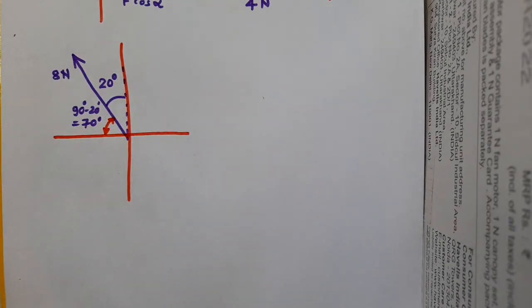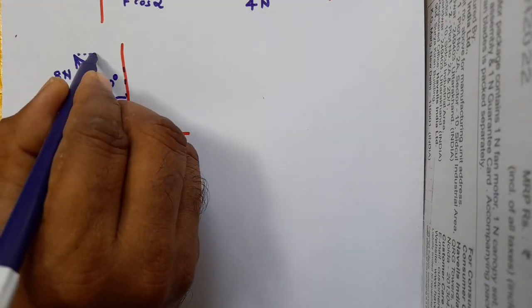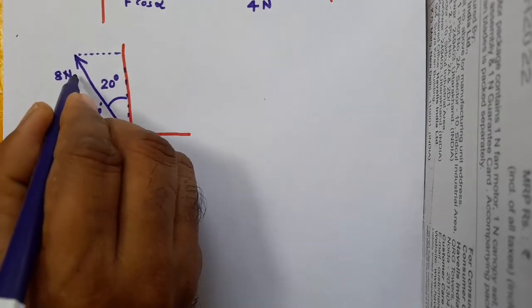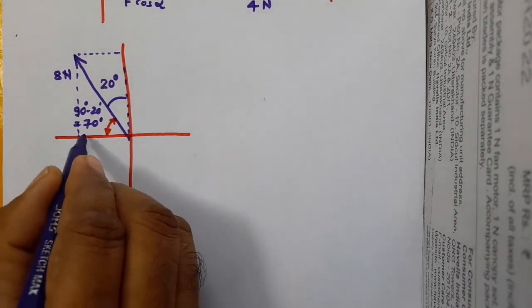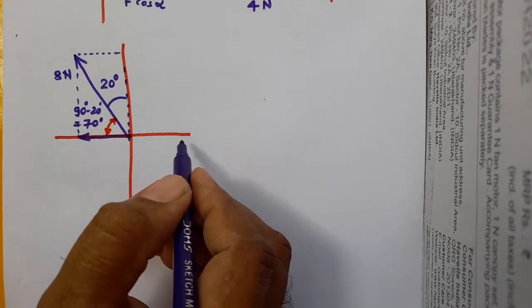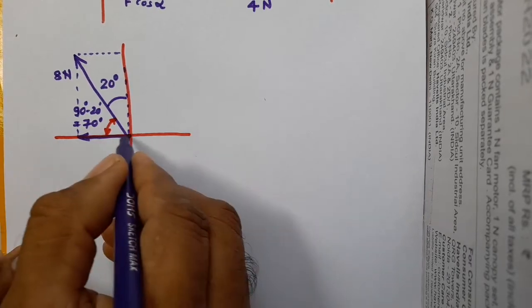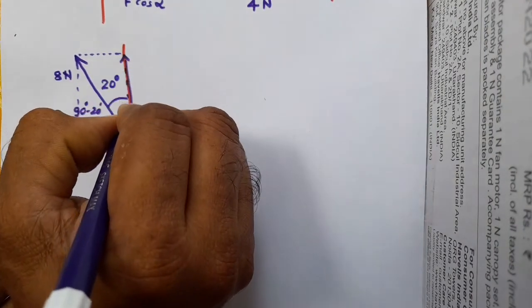Once this is known, you should select the end point. Through the end point draw 2 dotted lines like this. From here to here you draw a line away from the origin, and this should also be away from the origin.